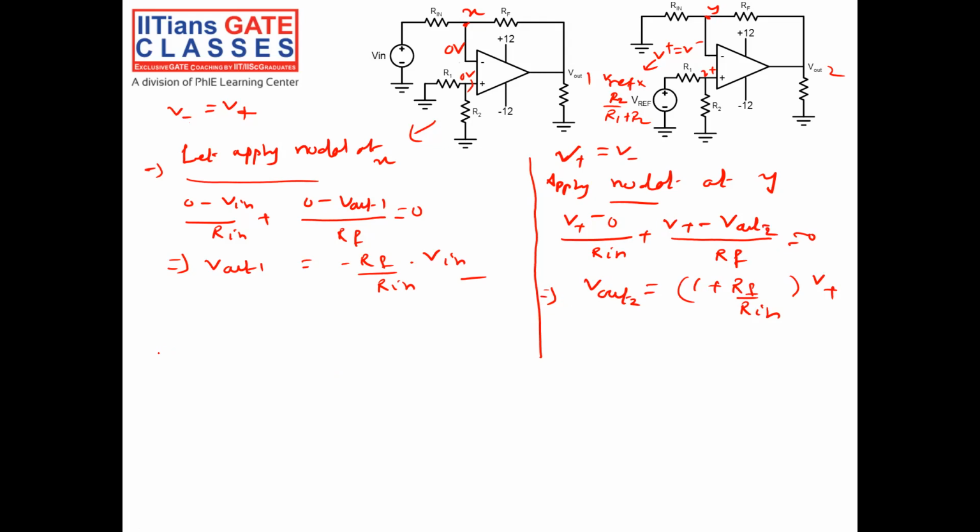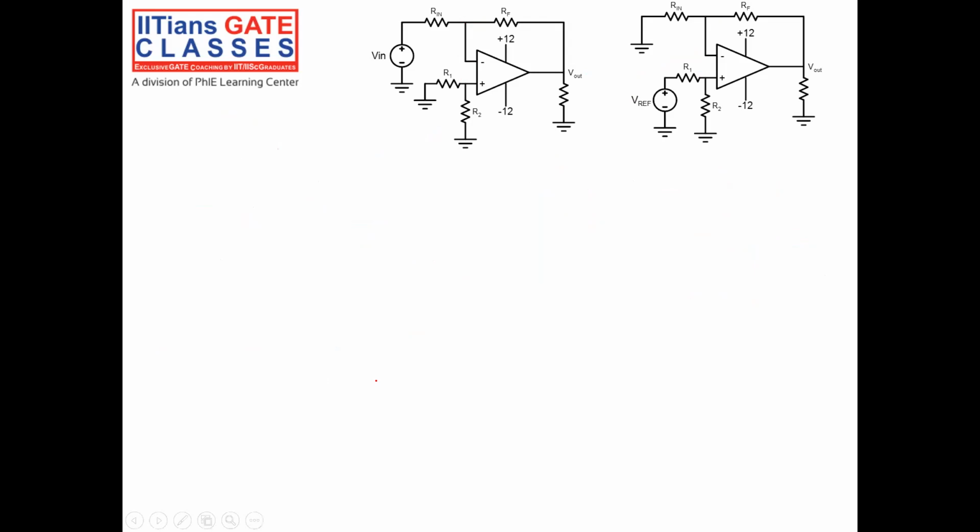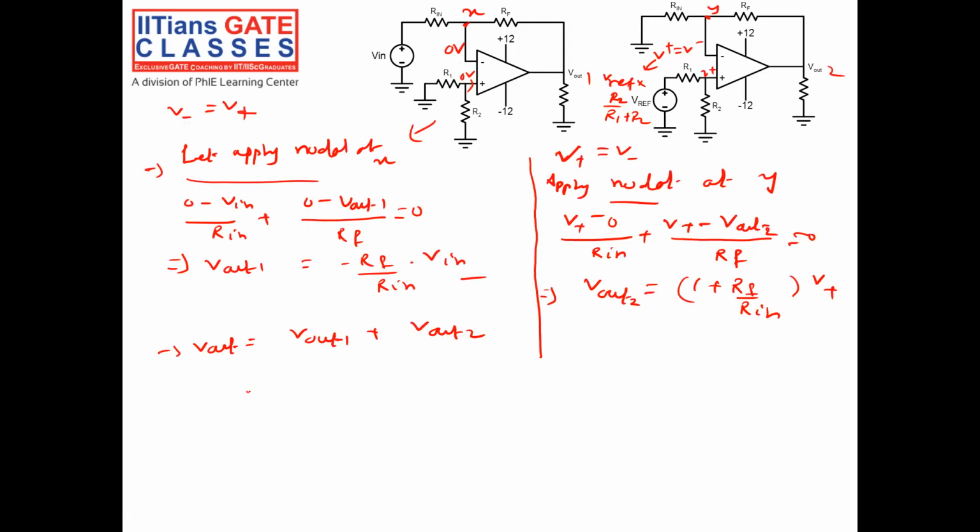So now V out is equal to V out 1 plus V out 2. This implies V out 1 is minus RF by R1 into V in, plus V out 2, which is 1 plus RF by R in into V positive, right?